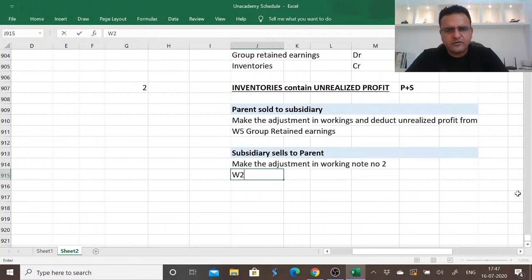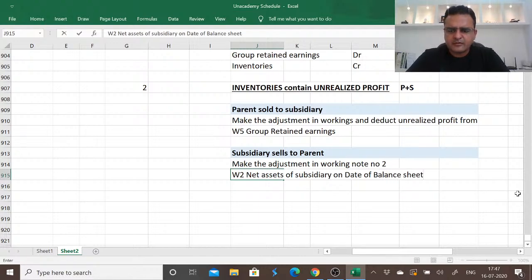That is, working note number 2 is net assets of subsidiary on date of balance sheet. Deduct the unrealized profit from subsidiary's earnings.